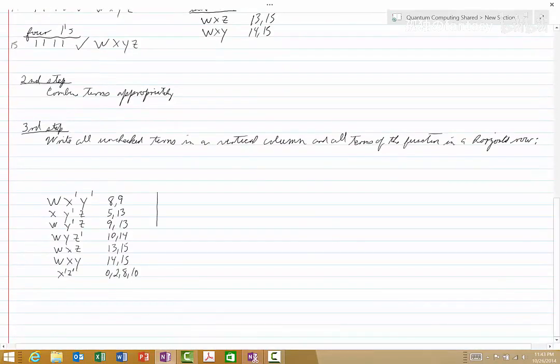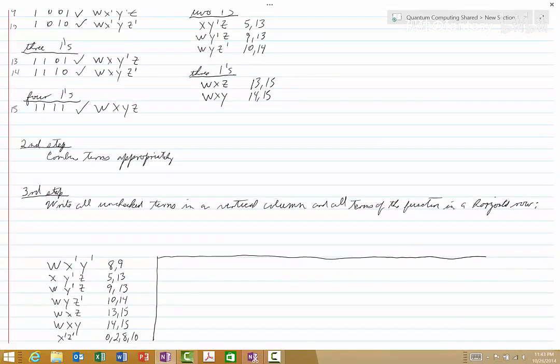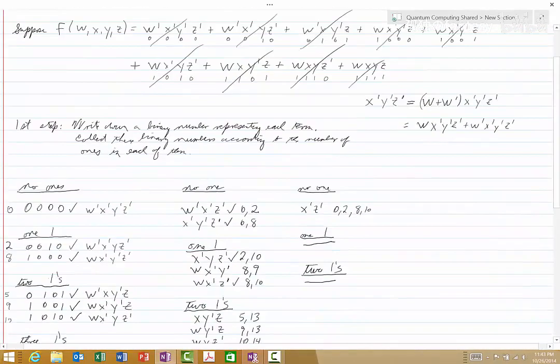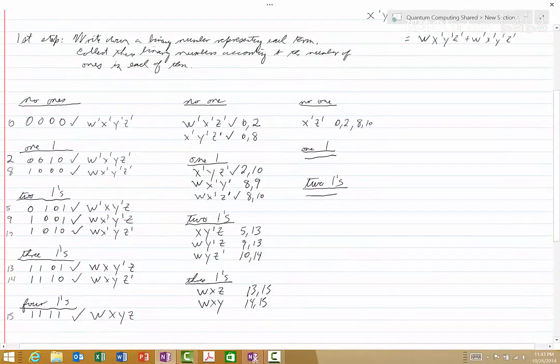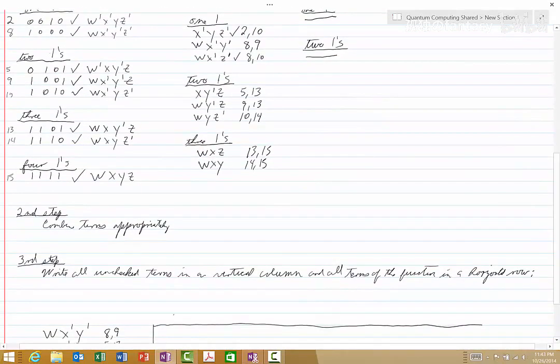So here is my vertical column of all the unchecked terms, and now I'm going to write along the top all the terms we had, which were 0, 2, 5, 8, 9, 10, 13, 14, and 15.